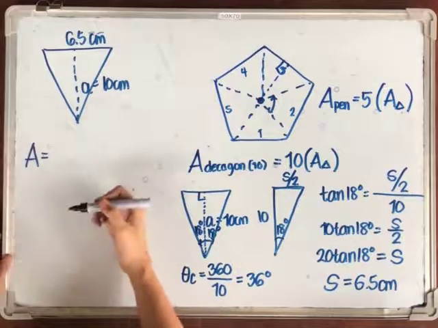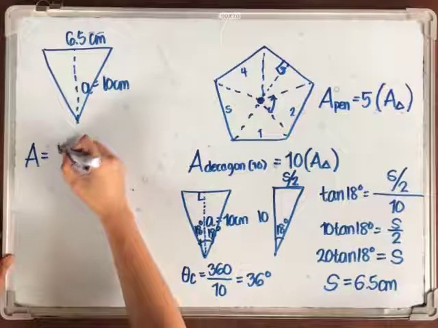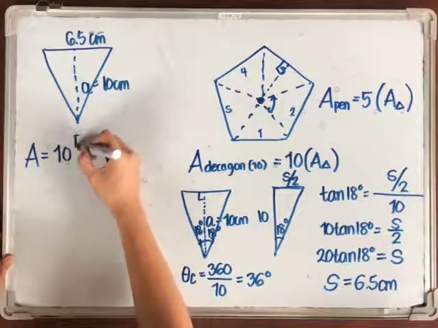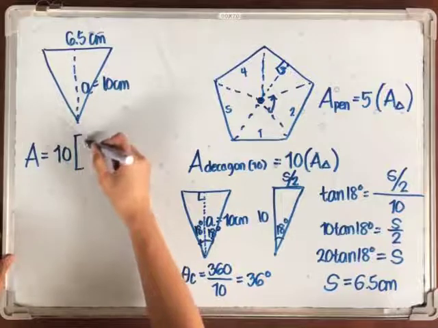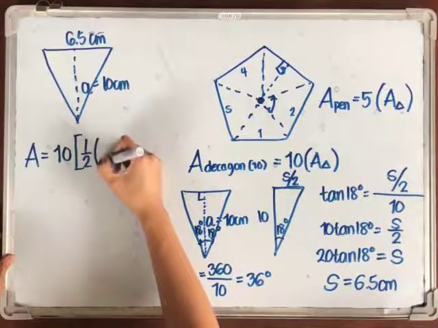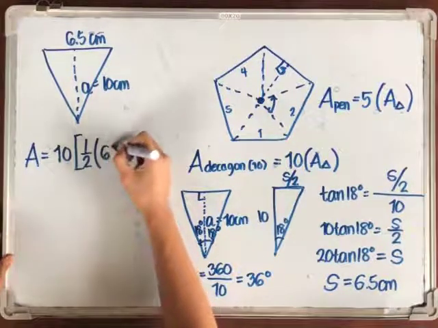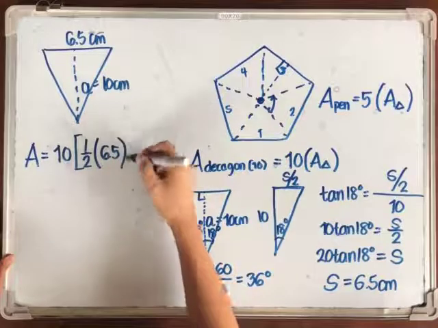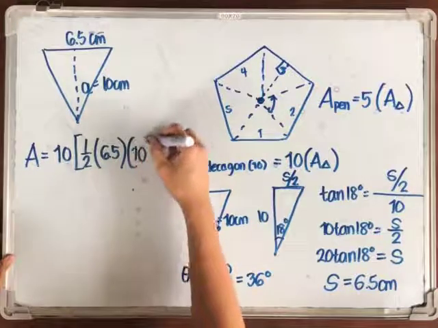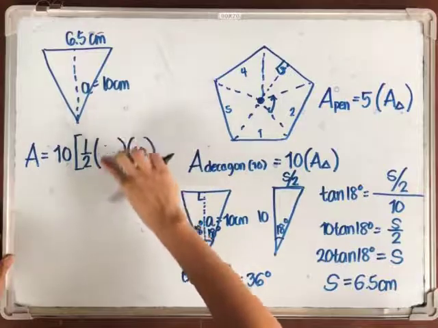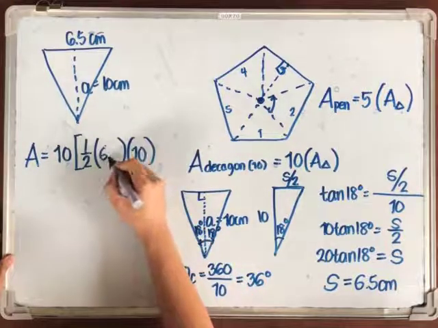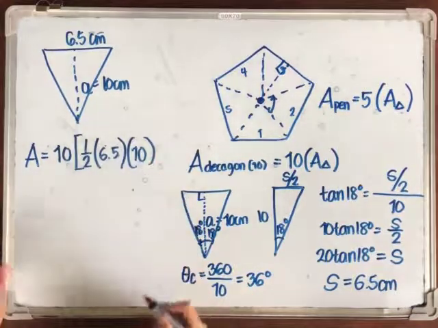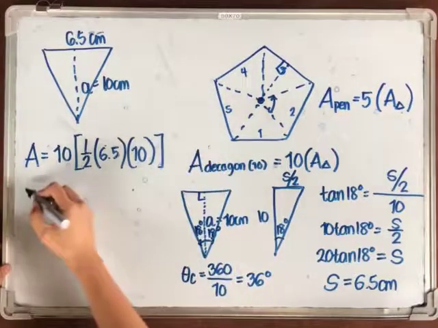Area is equal to 10 times area of one triangle, which is 1/2. Base is 6.5. Altitude is 10. Isin ko ng kaunti kasi medyo hindi malinaw yung decimal point.